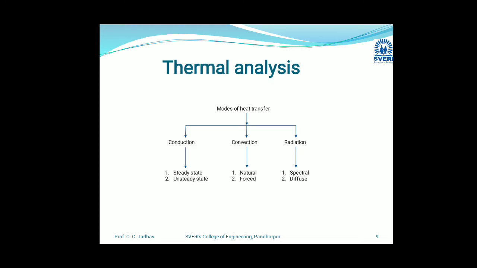So in that, we know that heat transfer has three modes: conduction, convection, and radiation. In conduction there are two types, steady and unsteady state. In convection, natural and forced convection. In radiation there are two types, specular and diffuse.